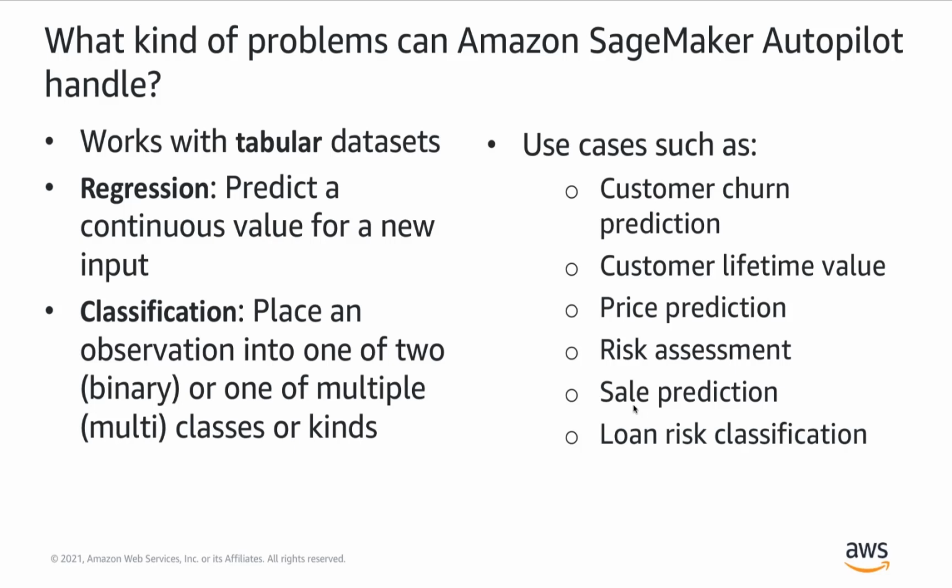Just with regression and classification, it opens up a lot of business use cases that you can handle, whether it's the very important customer churn prediction, or predicting customer spend and lifetime value, or classifying the risk of loan default, or trying to identify customers who may be likely to respond to a sales campaign, as an example. So there are lots of use cases that open up with Autopilot.